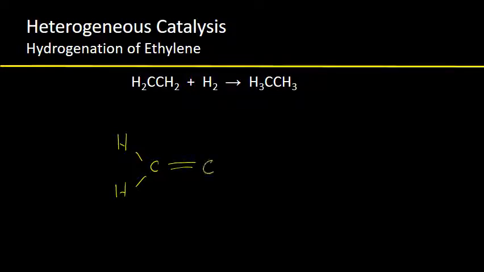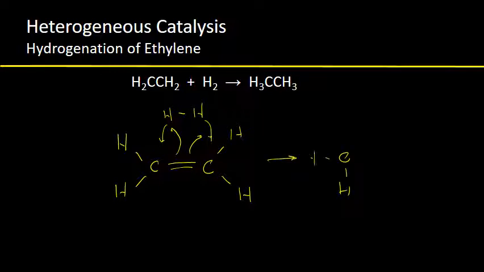You've got a double bond here, and you bring in a hydrogen molecule, and this double bond can break to make ethane, like that. All right, so that's what the reaction is. And of course, this bond here would have to break as well. That's the reaction we're talking about.